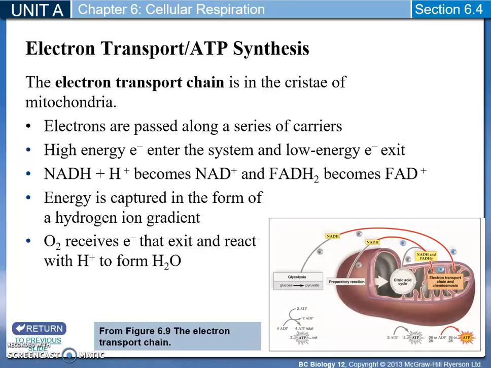Electrons are passed along a series of carriers: high energy electrons enter the system and low energy electrons exit, and the difference in energy is what's captured by the system. NADH plus H plus becomes NAD plus, FADH2 becomes FAD, and energy is captured in the form of a hydrogen ion gradient.